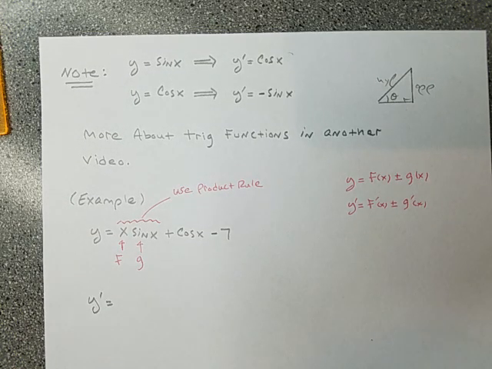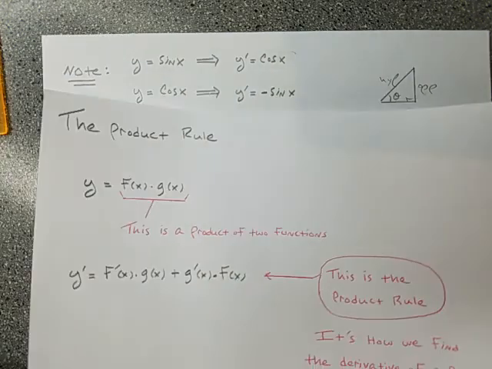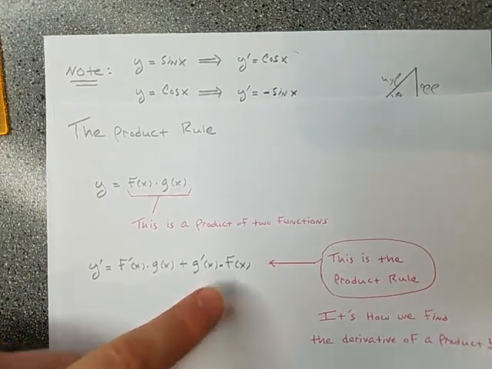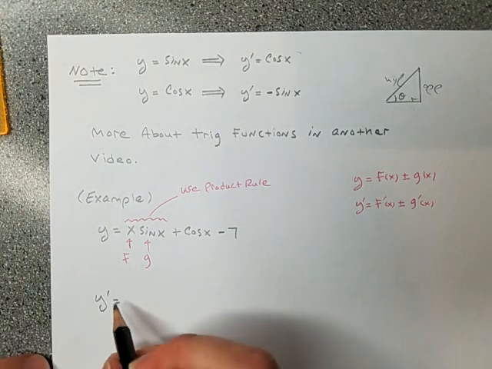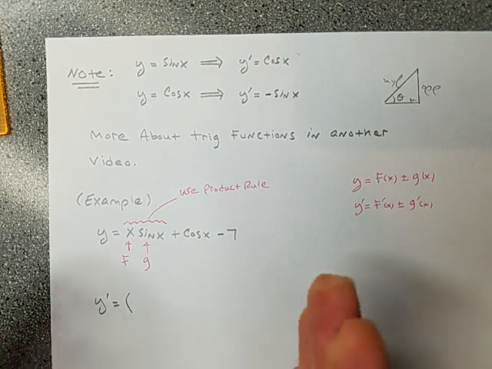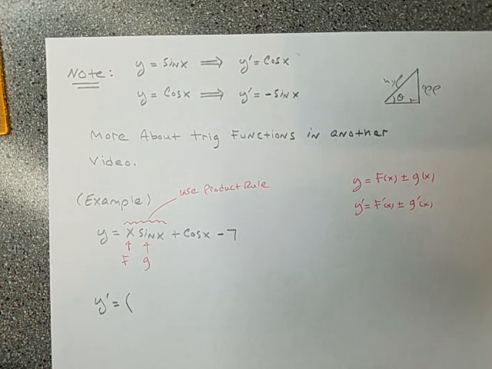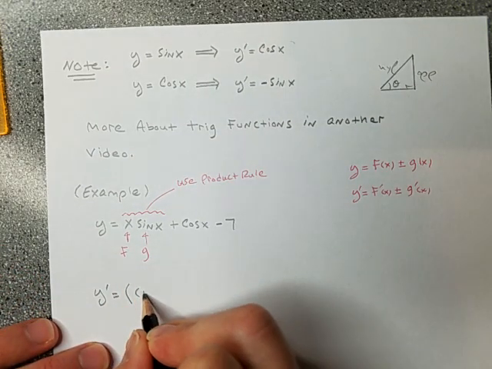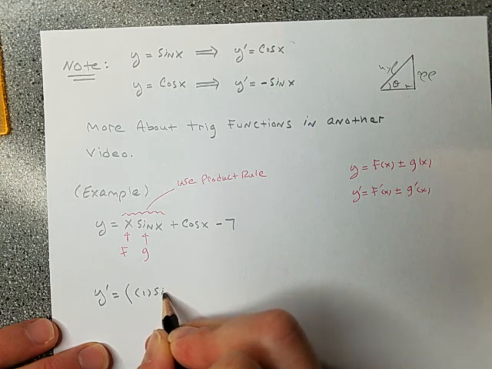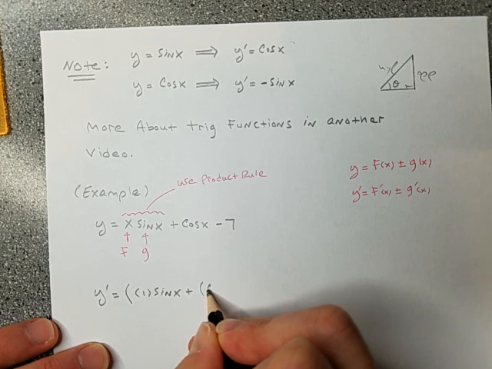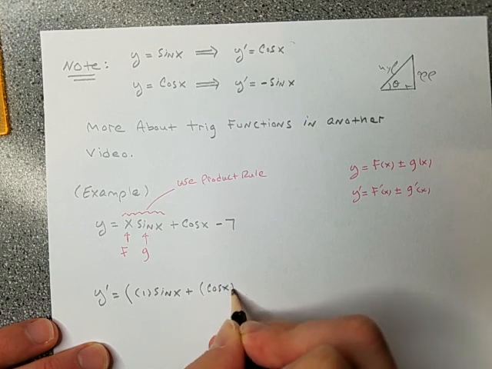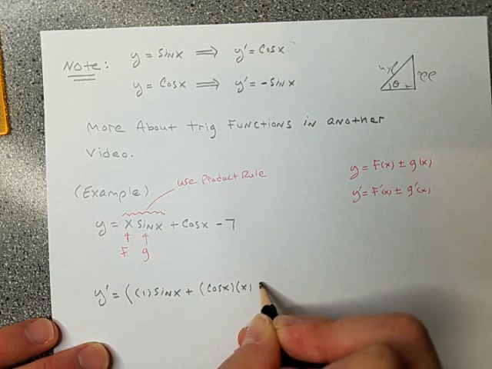So the product rule, as I told you in the first slide, is f prime g plus g prime f. I'm going to put that all in parentheses just so that it stands out from the rest of my problem: f prime times g plus g prime times f.